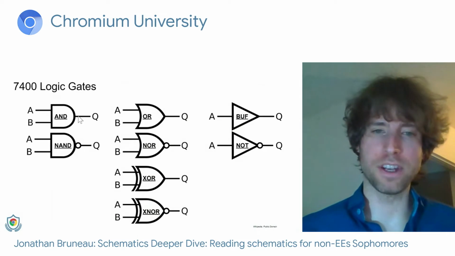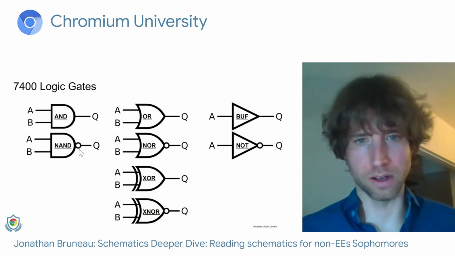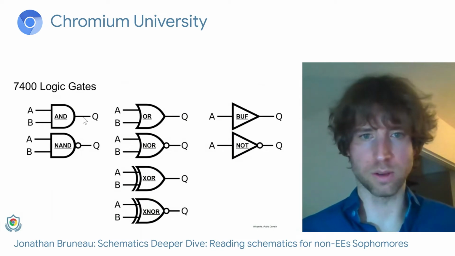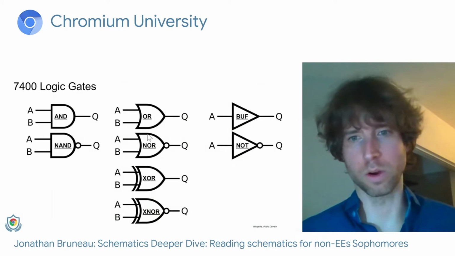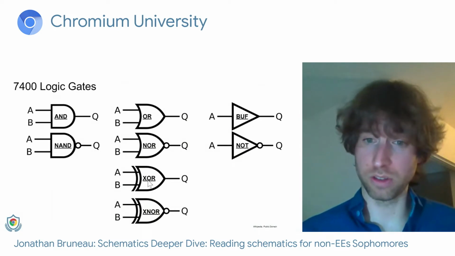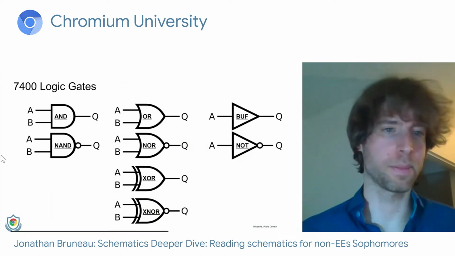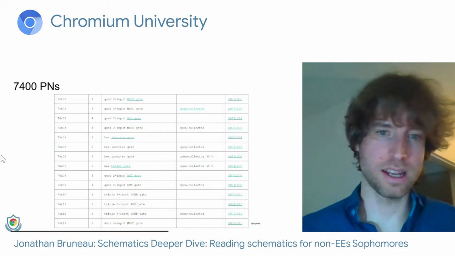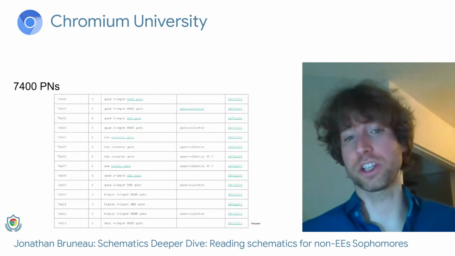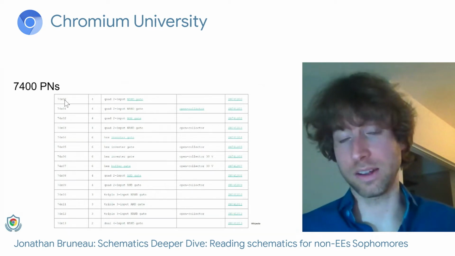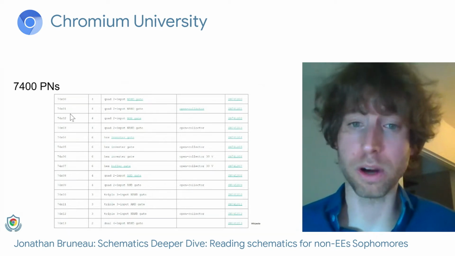And whenever you have the negative of the logic function, we'll add a little circle at the end. So AND, NAND, or NOR. This is exclusive OR, and this is exclusive NOR, etc. And as I said, every one of these logic functions has a 7400 series part number associated with it.